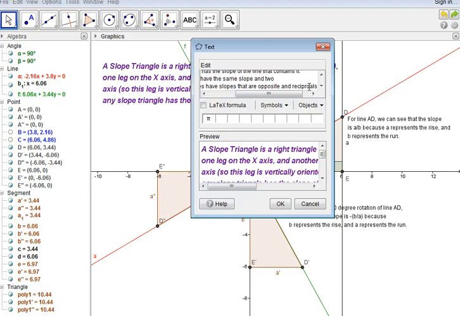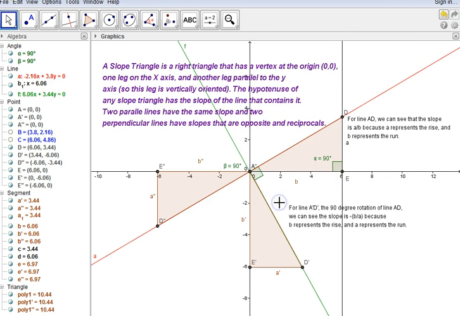So the signs are opposite, and what was A, or what was in the numerator, is now in the denominator, and what was in the denominator is now in the numerator.